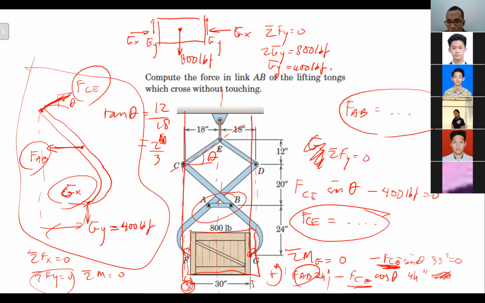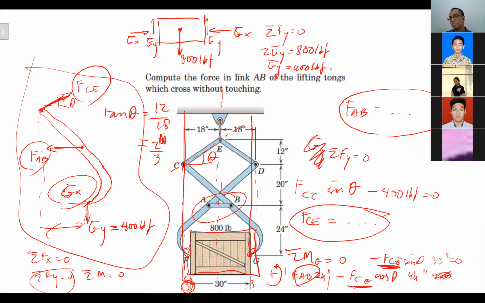Now, I want to find the horizontal distance from C to G. The horizontal distance between C and G is supposed to be 36 minus 3, right?